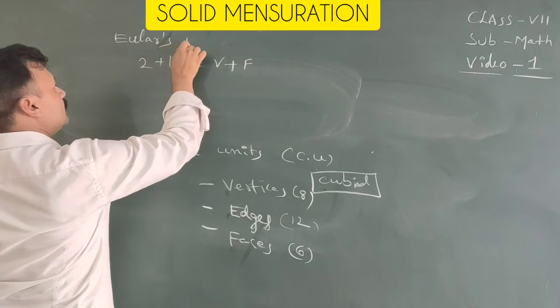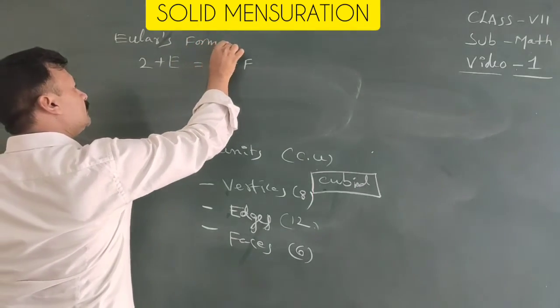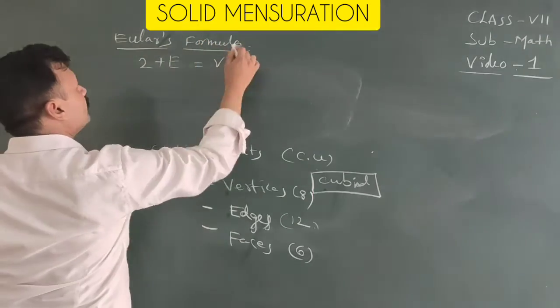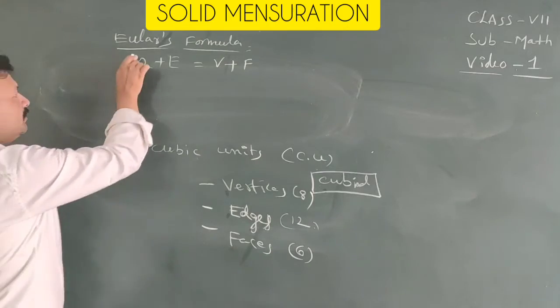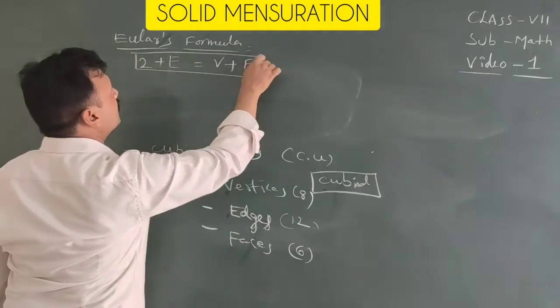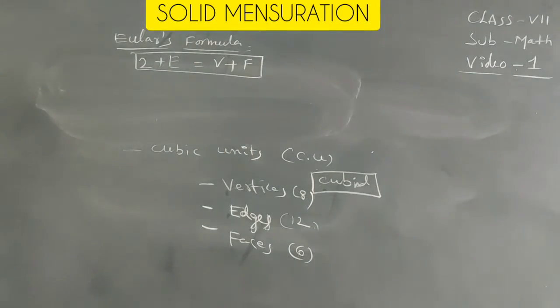Euler's formula: V plus F equals E plus 2, or 2 plus E equals V plus F.